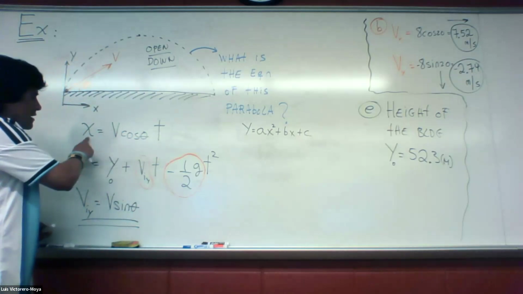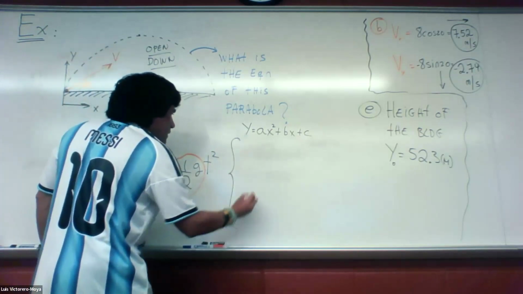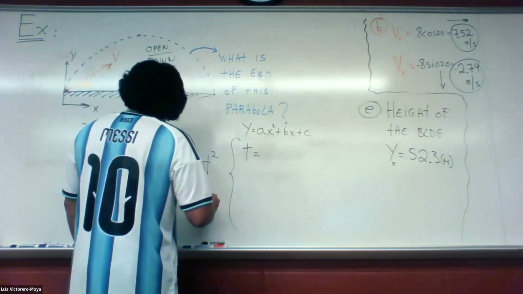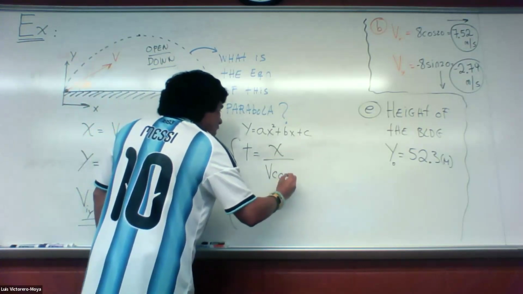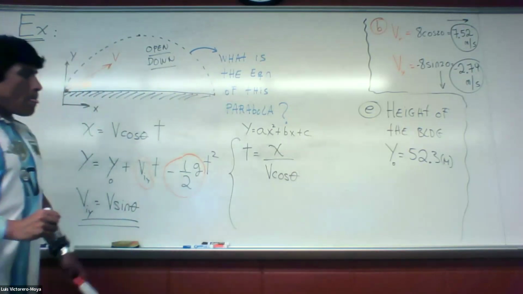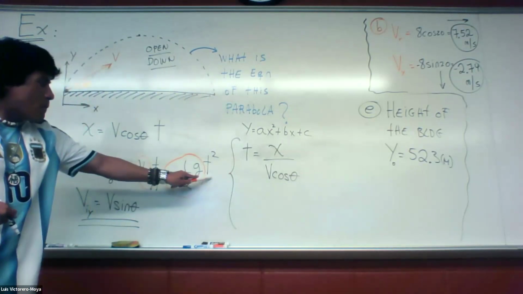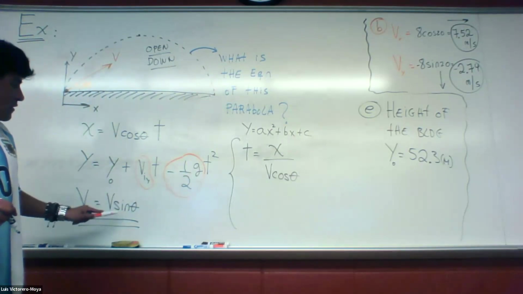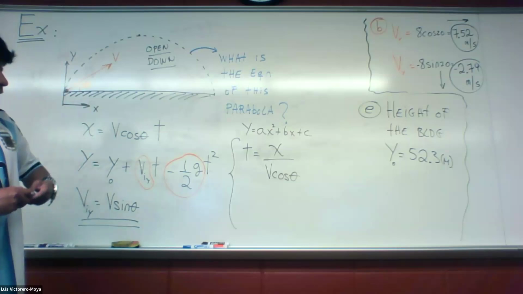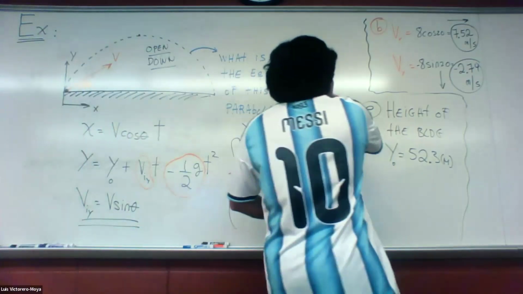But time is a function of x. I can write time as x over v cosine theta. So I can substitute that in here and in here. And v initial on y is this. And let's see what we get. And then I'm going to do an example where we use that.